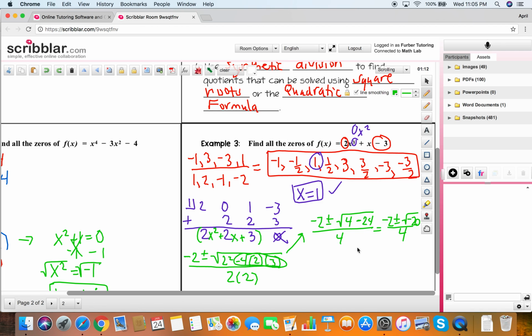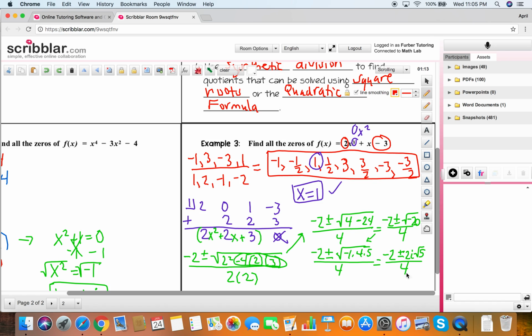So at this point, the negative 20 is going to be able to jump out. Just remember that this is like negative 1 times 4 times 5. So the 4 is going to jump out as a 2, and the negative 1 is going to jump out as an I. And you probably will recognize that there are some things that cancel.